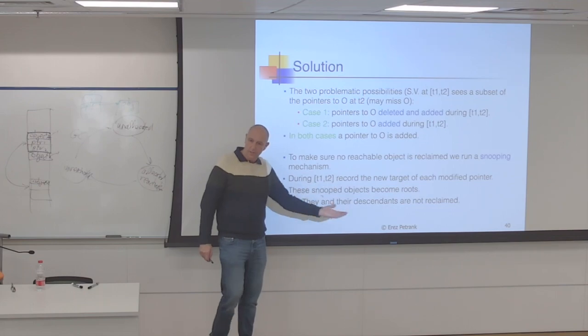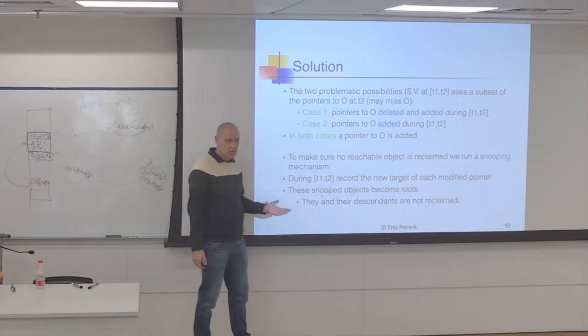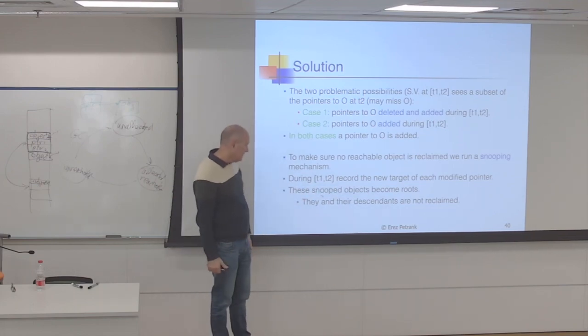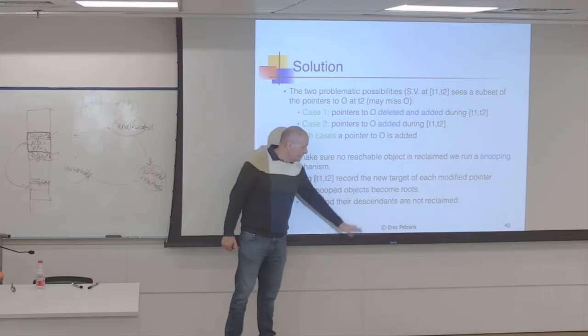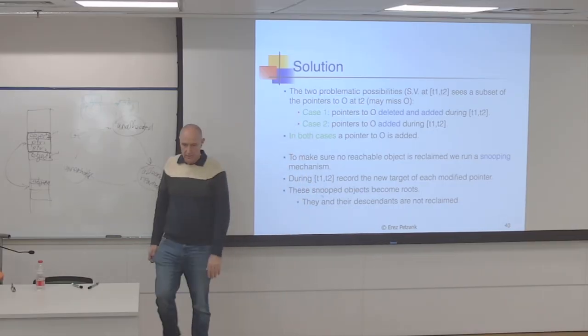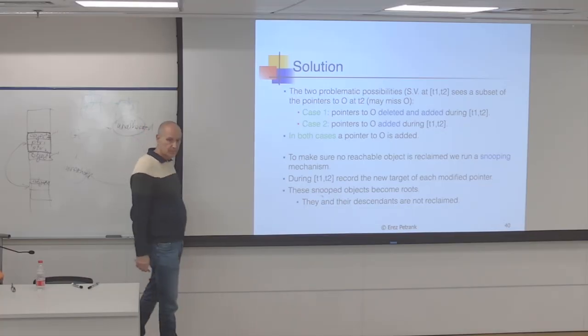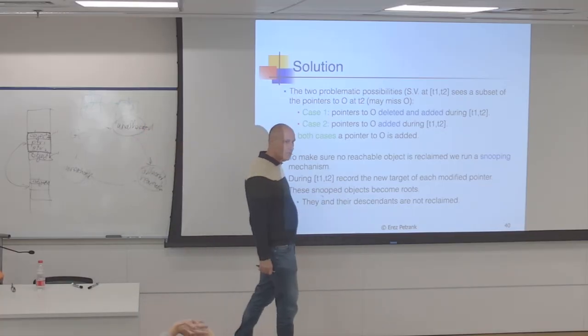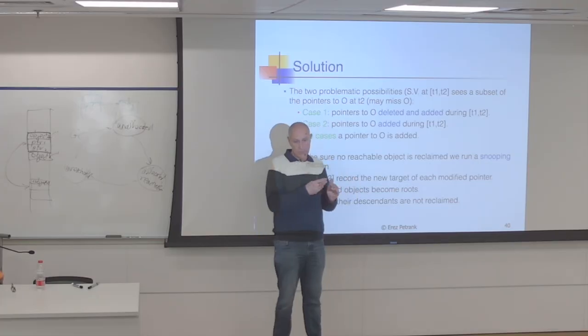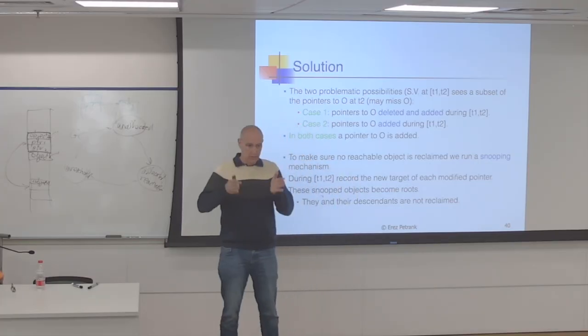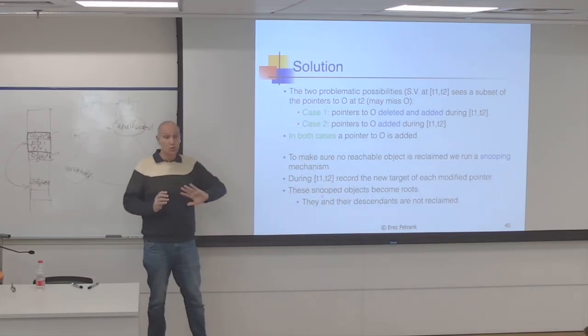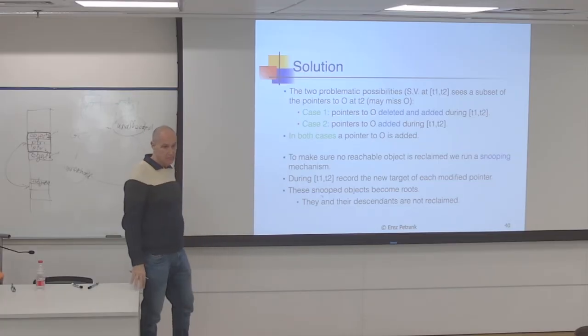I'm going to treat them as alive, even if I don't see any other reference to them. So they and their descendants will not be reclaimed. They were reachable between T1 and T2 because the program touched them, but at T2 they could become unreachable, and I will still keep them.